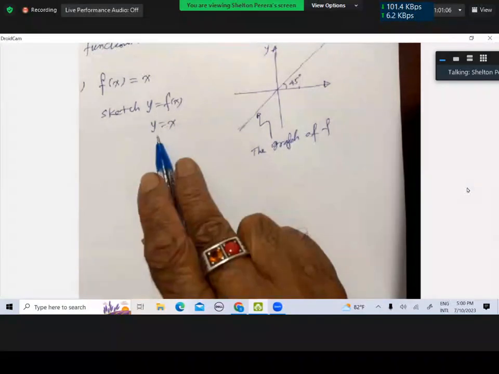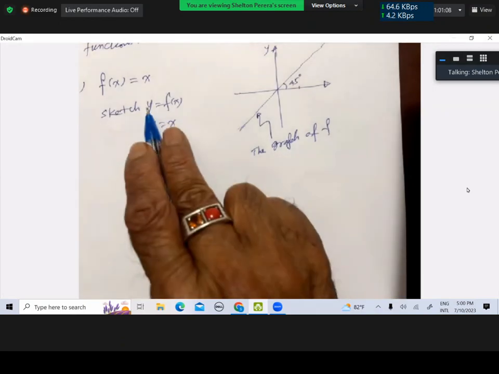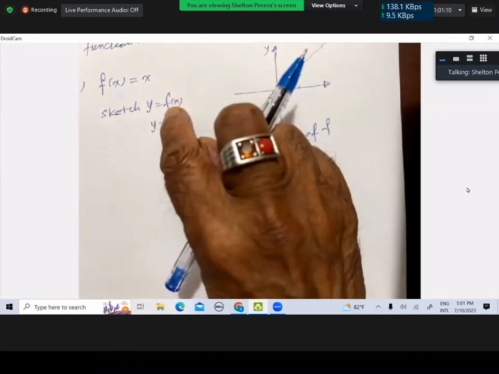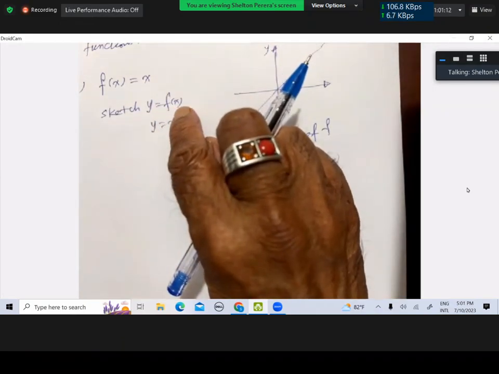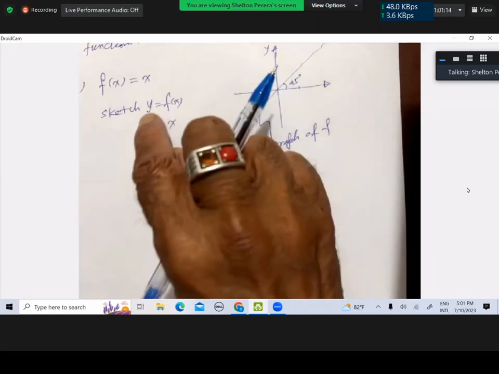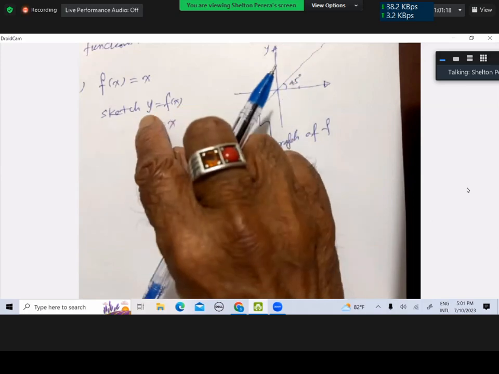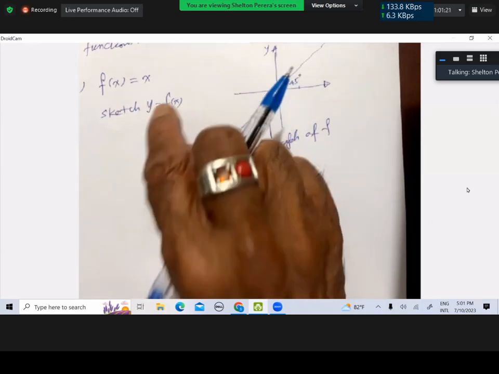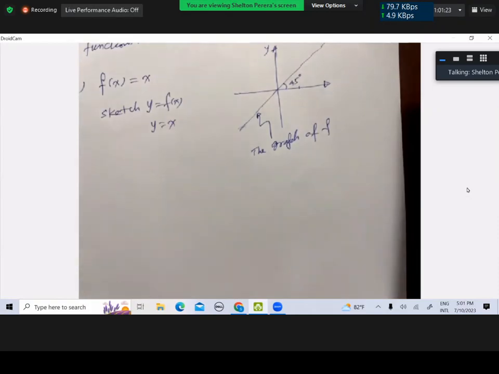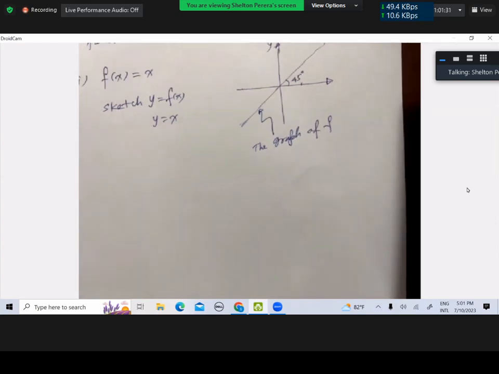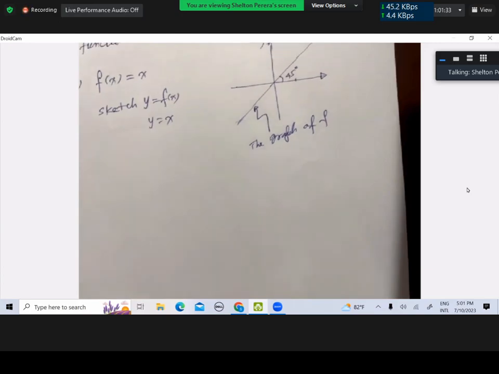When we say y equals f of x, f of x is the output and x is the input. So when you sketch the graph of a function, we are sketching the set of points, the input-output pairs, in the xy plane.